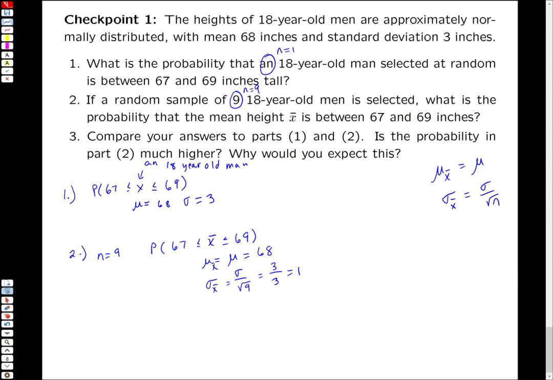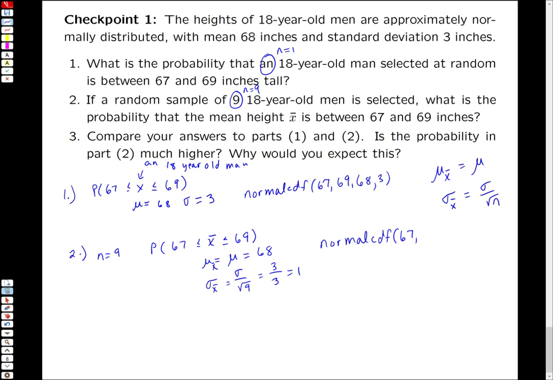So you're still using your normal CDF distribution, but what is the difference? For the first one, you have normal CDF. What's the low value for that? 67. What's the high value? 69. What's the mean? 68. Standard deviation? 3. For the second one, you use normal CDF. What's your low value? 67.